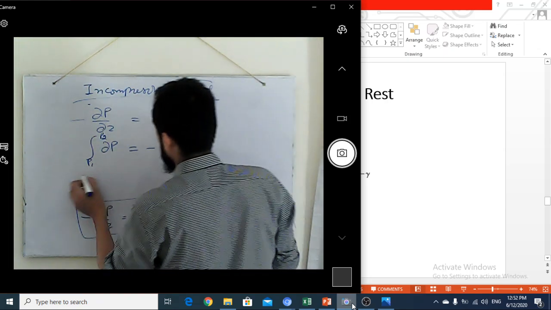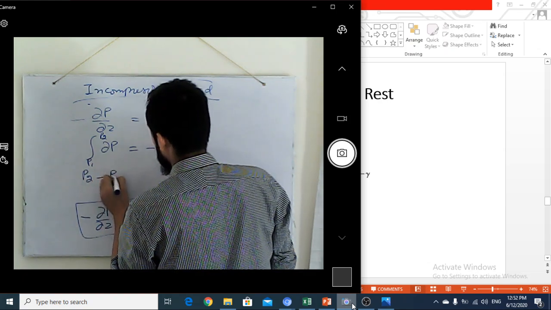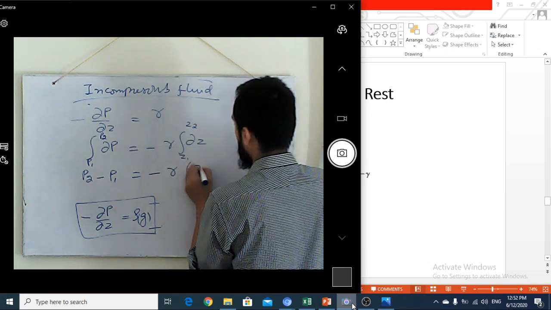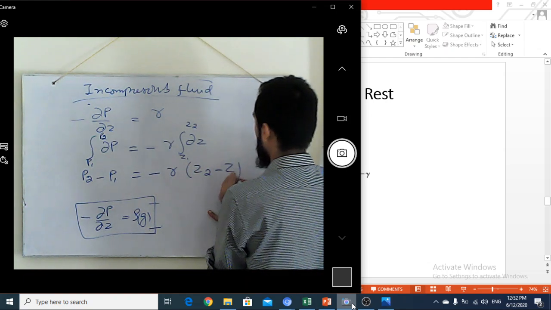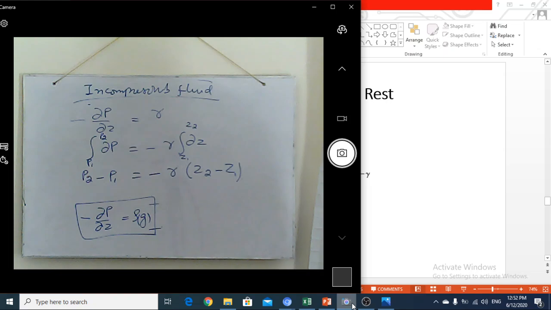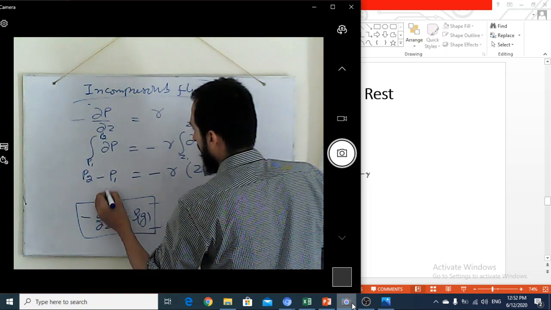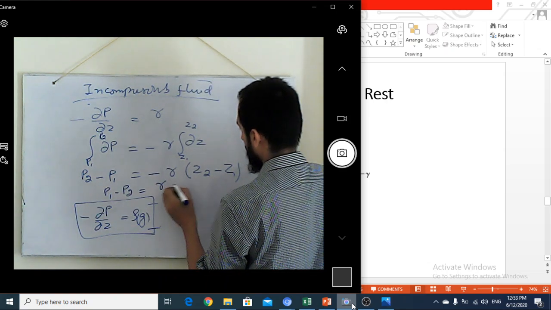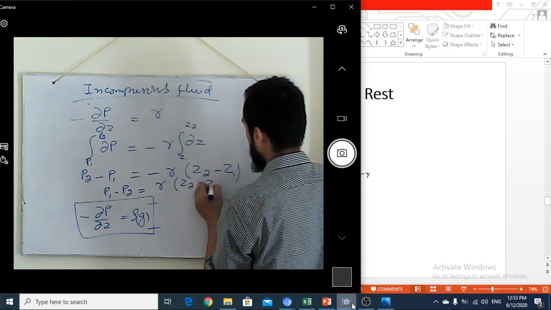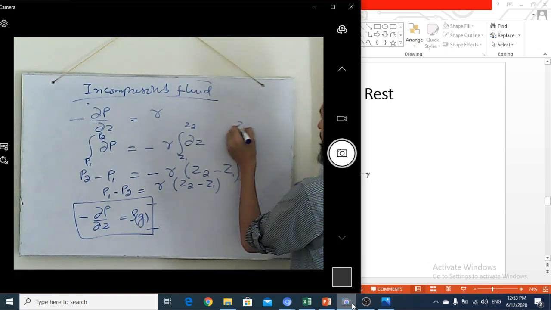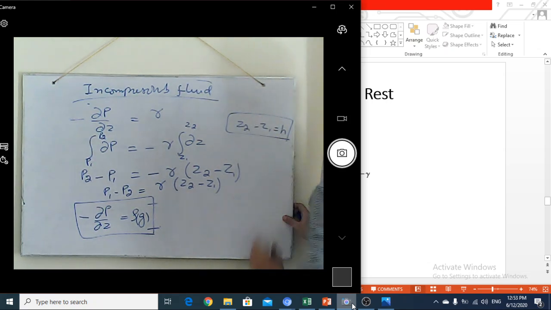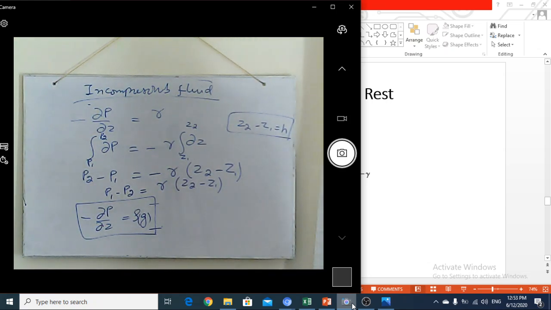So you will get P2 minus P1 will be equals to minus specific weight of Z2 minus Z1, or we can say that P1 minus P2 is equals to specific weight times Z2 minus Z1, or you can place Z2 minus Z1 as h, which is the height of the column.